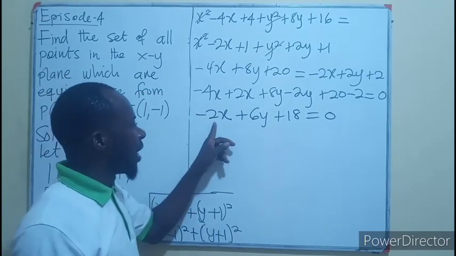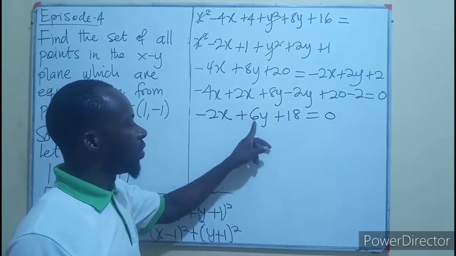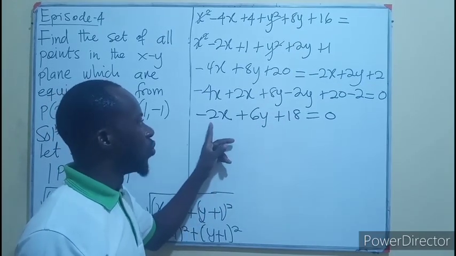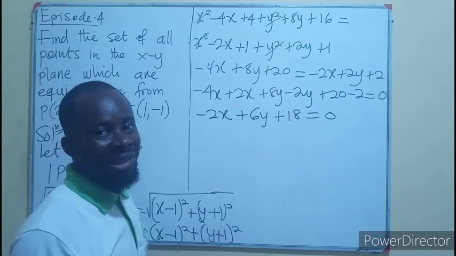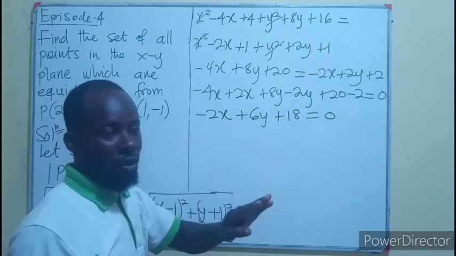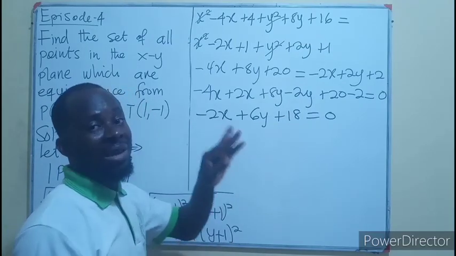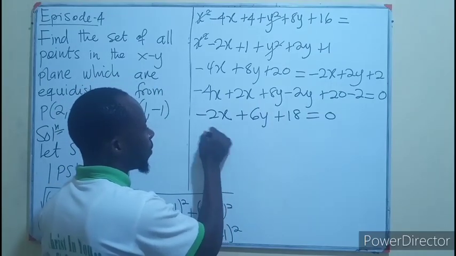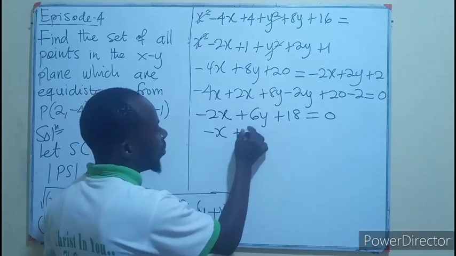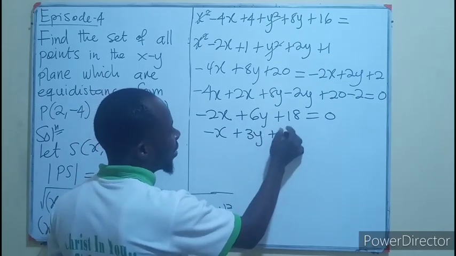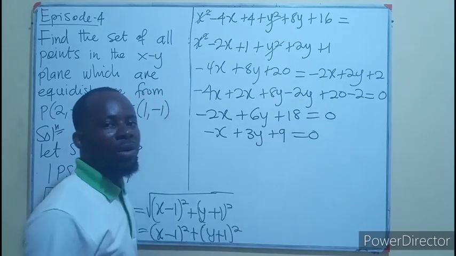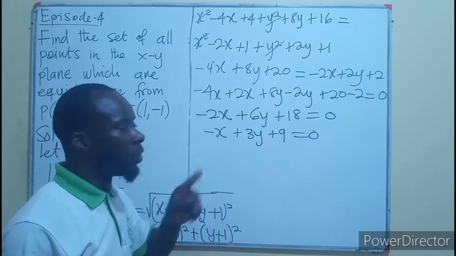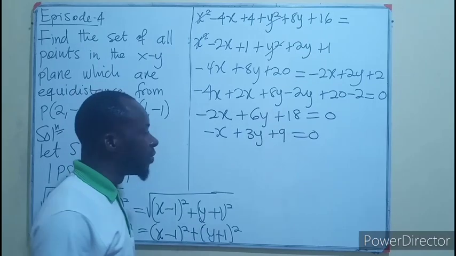So we can see that 2 is a common factor of all the coefficients. I can decide to divide through by negative 2, or I just use the common factor, which is going to be 2. So dividing through by 2 will be minus x plus 3y plus 9 equals 0. But I would prefer to have the coefficient of x to be positive. So now I'll multiply through by negative 1.